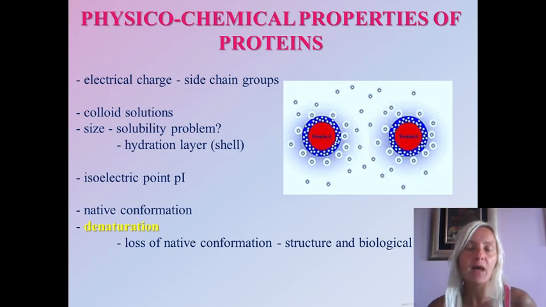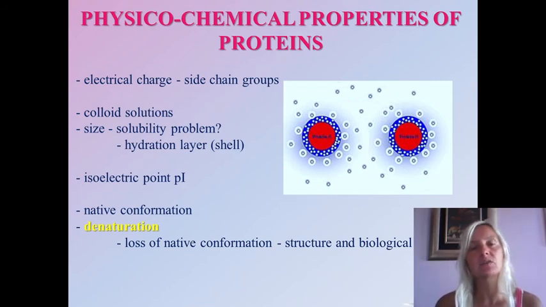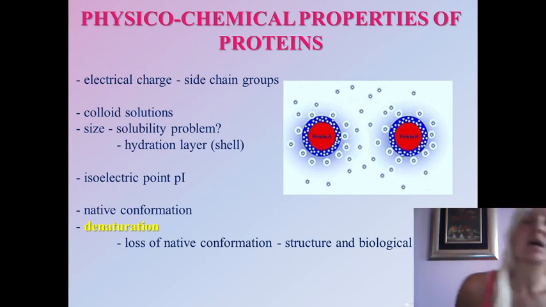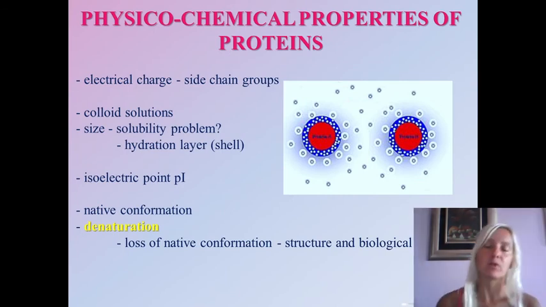So we have to explain the mechanism which enables nice and decent solubility of proteins in water. What is the point? The point is the same as with dissolution of any other molecule.